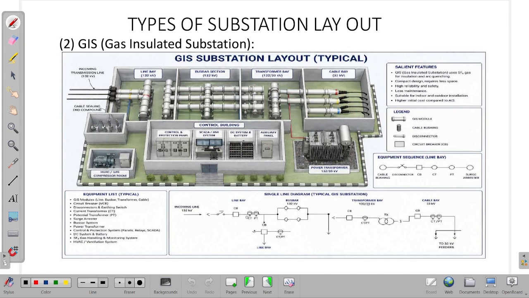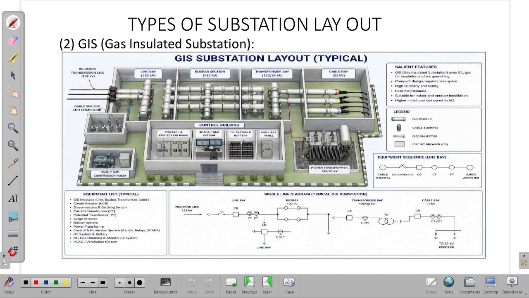Let's see the single line diagram. This is the busbar section. This is the line bay. This is the incoming line. This is the transformer bay. The transformer is there.